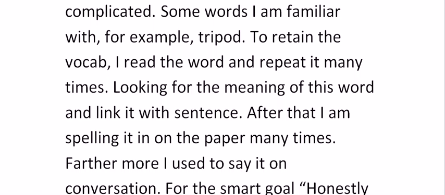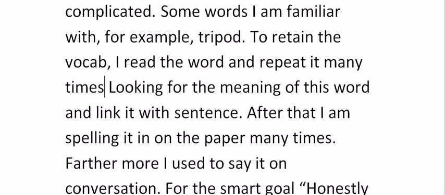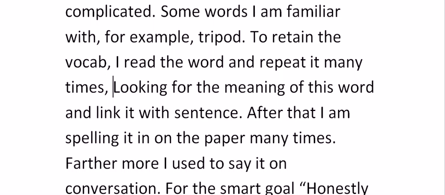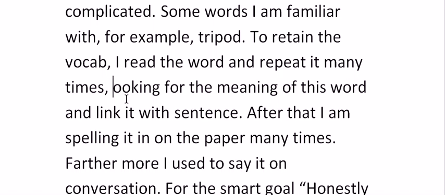Looking for the meaning of this word and link it. Oh no, I'm making a mistake here. I realize now that's not a sentence, so it's a comma, and then I think she links this together.